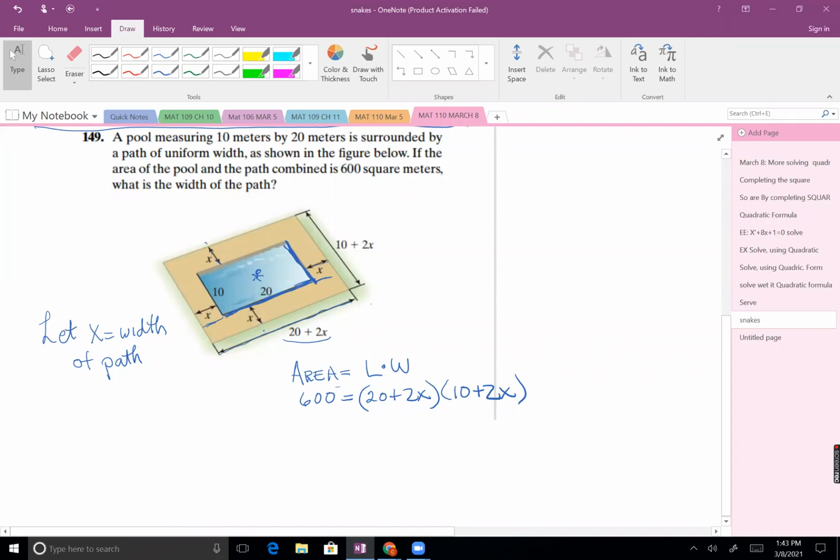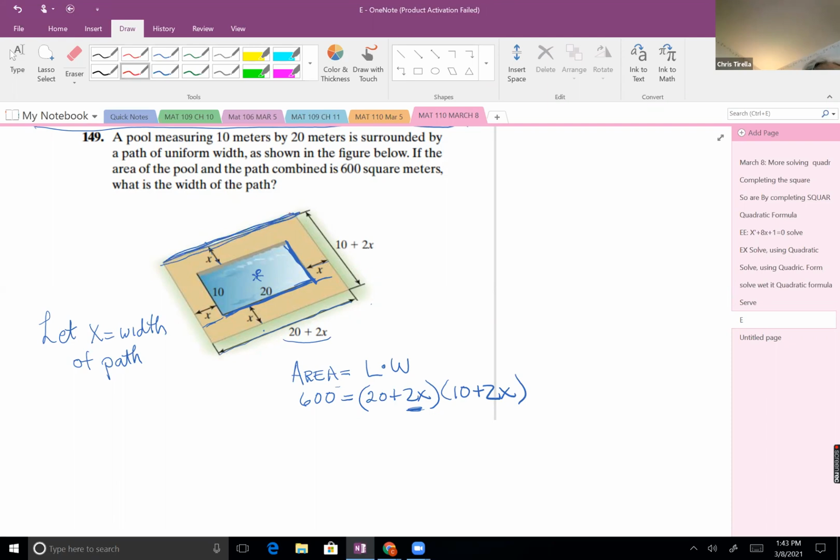Where did the 2 come from? This 2 here? Is it just because they gave you that? No. If I'm going to go on the opposite side of the pool, if I look at this side, do you see how I've got X over here, plus the middle is 20.